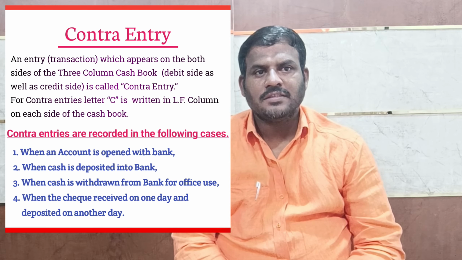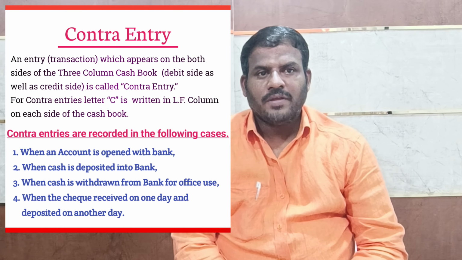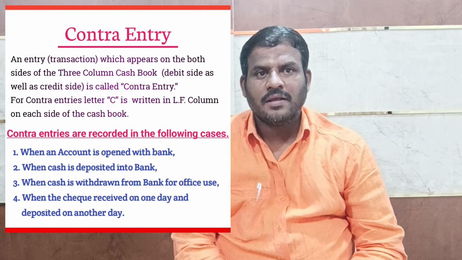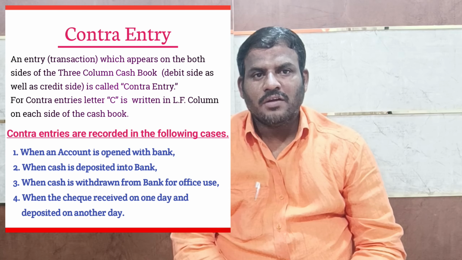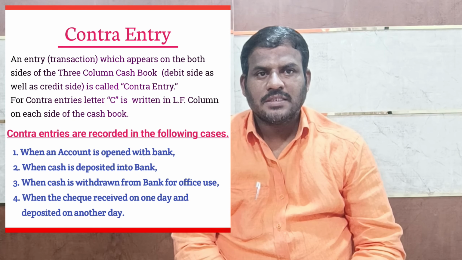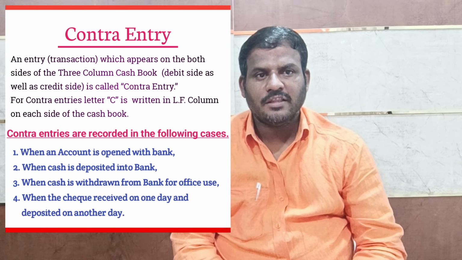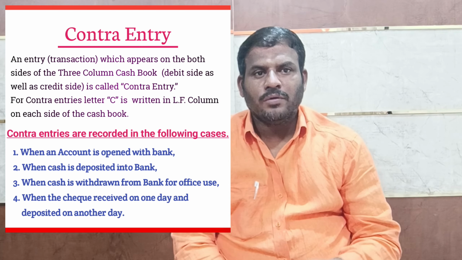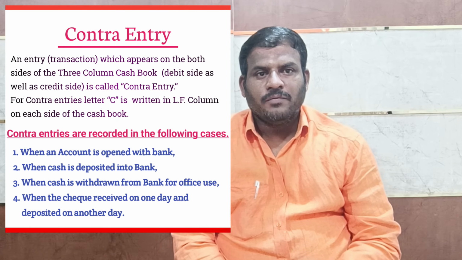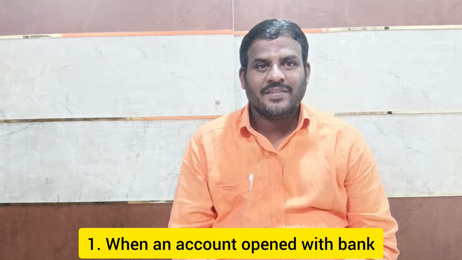So Contra entries generally arise in 4 cases. They are when an account is opened with bank, when cash is deposited into bank, when cash is withdrawn from bank for office use, and when a check is received from others or customers on one day and sent to bank on another day. So before going to understand Contra entries, we must know the 4 cases of Contra entry.